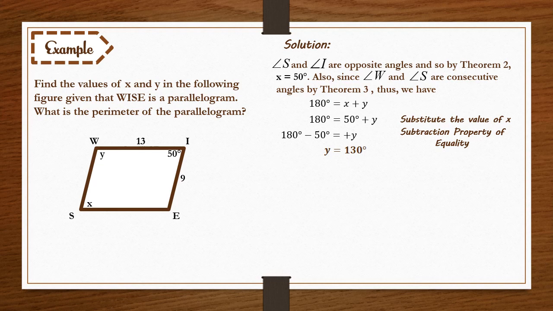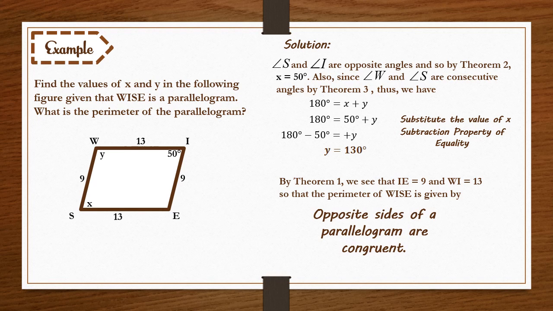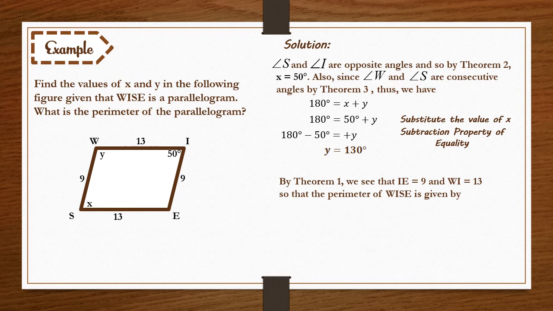Let's now proceed to the next question, which is, what is the perimeter of the parallelogram? By Theorem 1, opposite sides of a parallelogram are congruent. We see that IE is equal to 9 and WI is equal to 13, so the perimeter is given by P is equal to 2 times 13 plus 2 times 9.